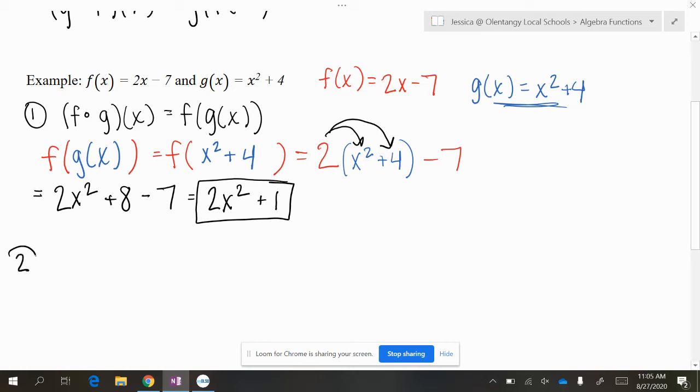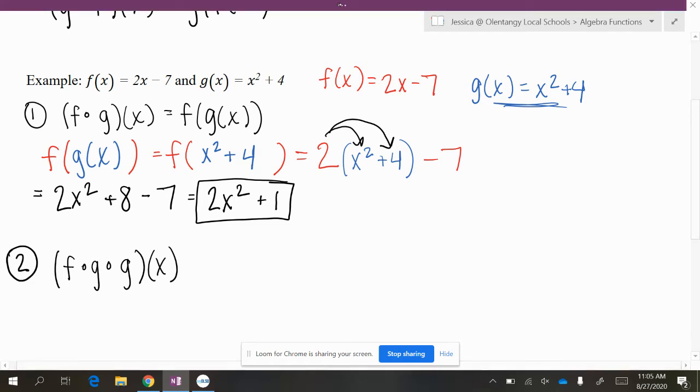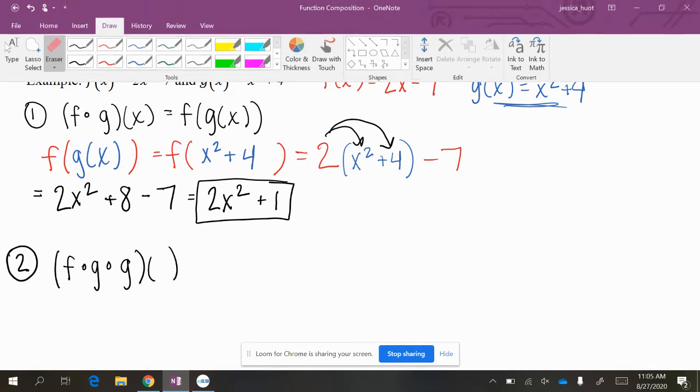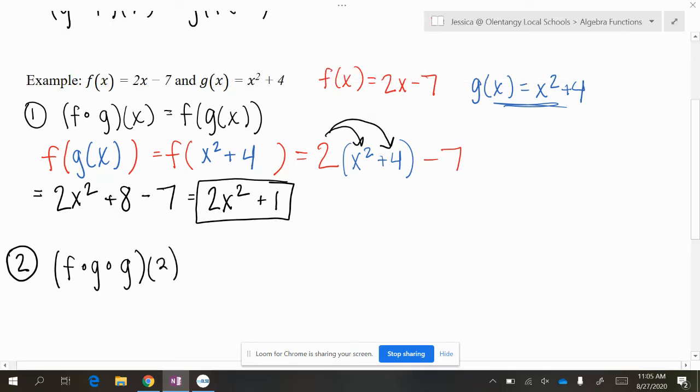Okay, example 2. What if I asked you to do something like f of g of x? Actually, let's change that to 3. So now f of g of 3. So that's really confusing.